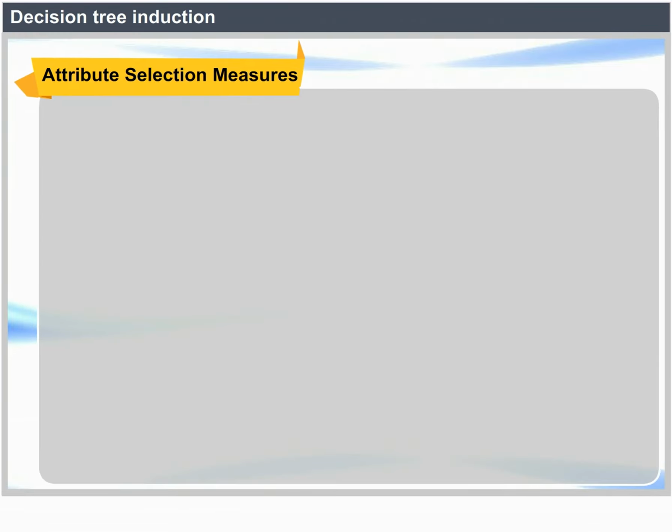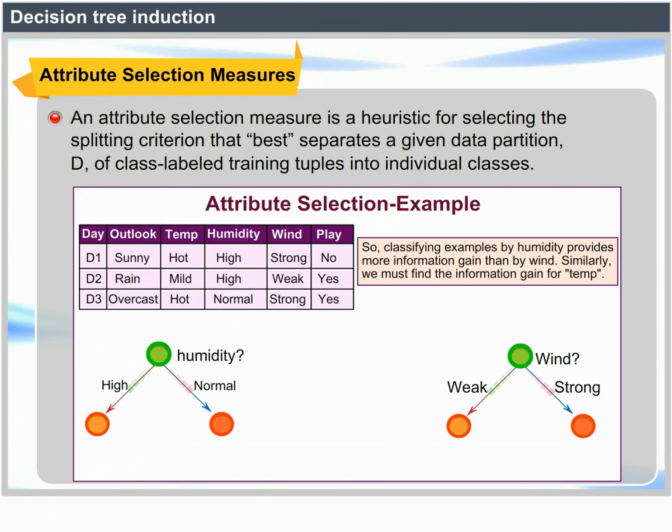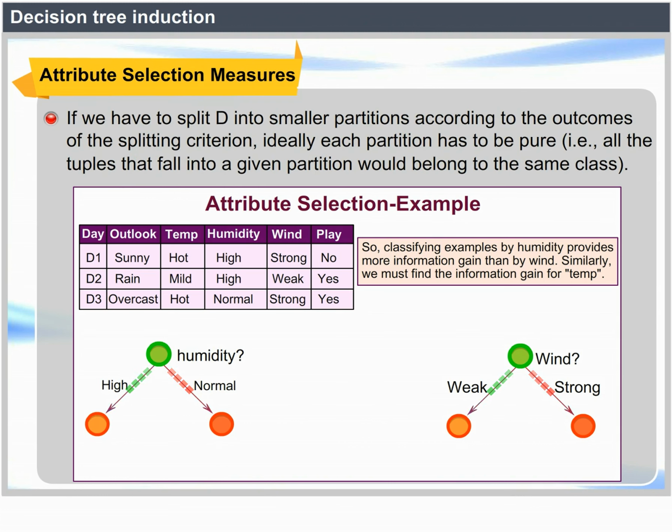Attribute selection measures. An attribute selection measure is a heuristic for selecting the splitting criterion that best separates a given data partition D of class-labeled training tuples into individual classes. If we were to split D into smaller partitions according to the outcomes of the splitting criterion, ideally each partition would be pure, that is, all the tuples that fall into a given partition would belong to the same class.